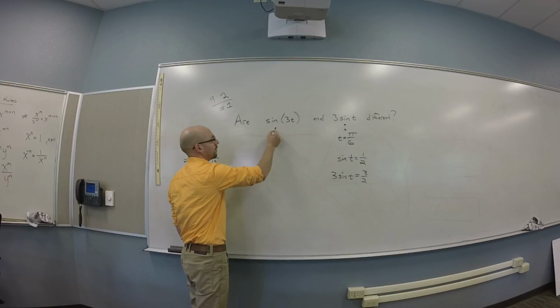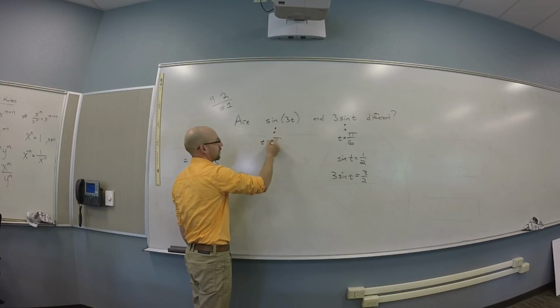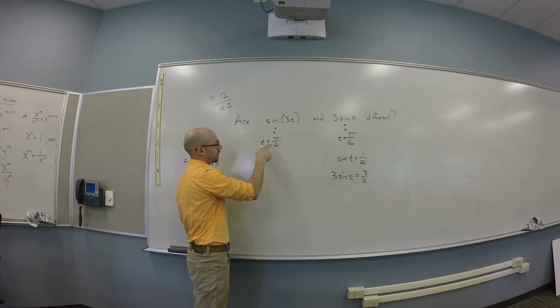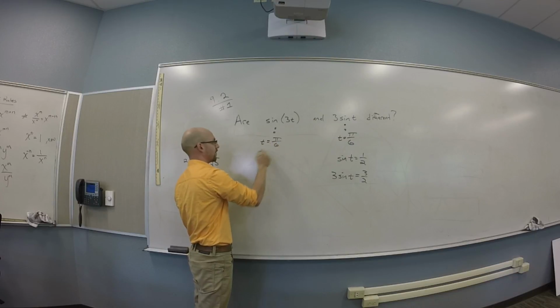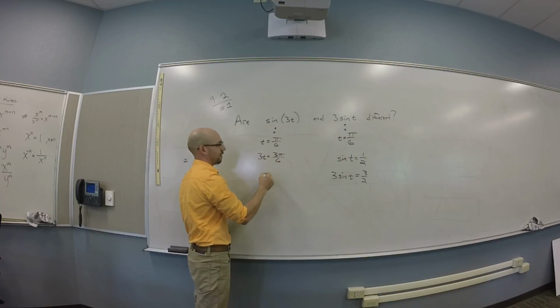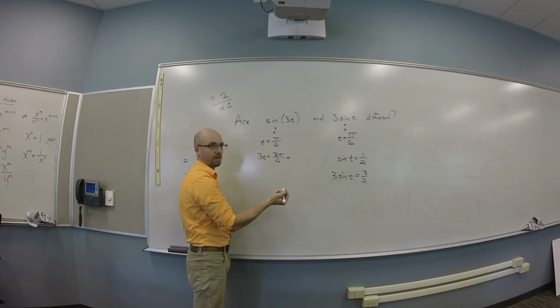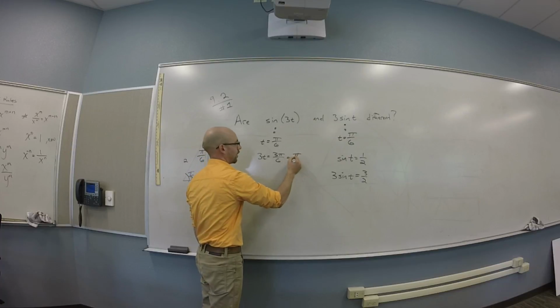That's the sine of 3t. If t is pi over 6, then 3t is 3 pi over 6, which is pi over 2, a 90 degree angle.